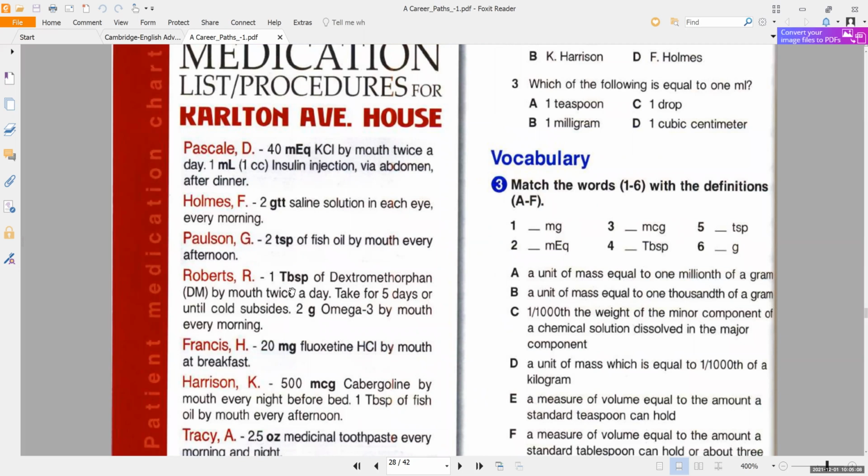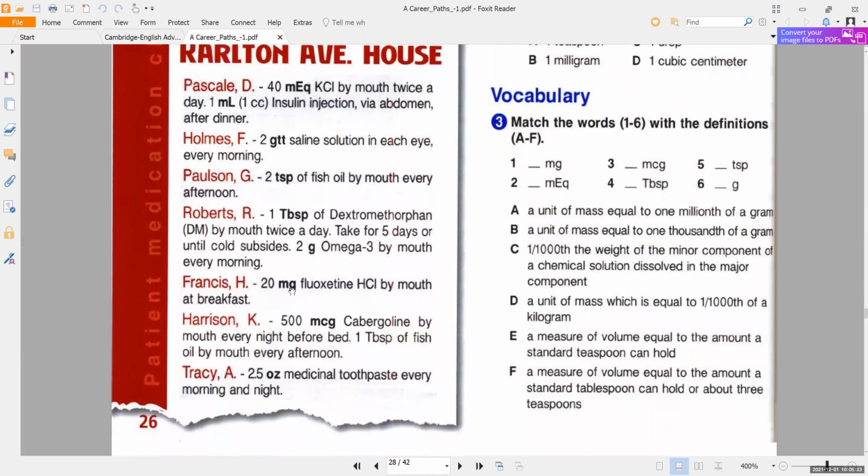Roberts R. 1 tablespoon of dextromethorphan DM by mouth twice a day. Take for 5 days or until cold subsides. 2 grams omega-3 by mouth every morning. Francis H. 20 milligrams fluoxetine HCl by mouth at breakfast. Harrison K. 500 micrograms cabergoline by mouth every night before bed. 1 tablespoon of fish oil by mouth every afternoon. Tracy A. 2.5 ounce medicinal toothpaste every morning and night.